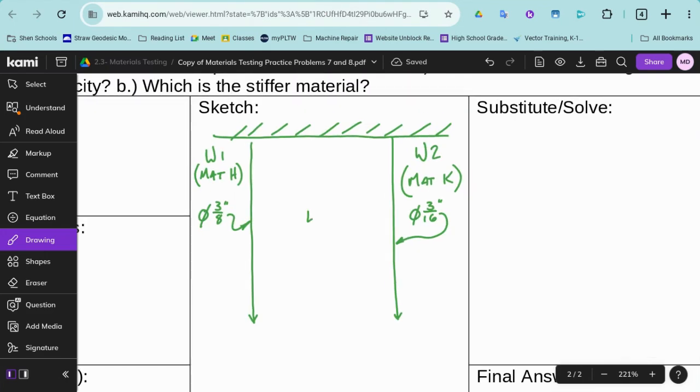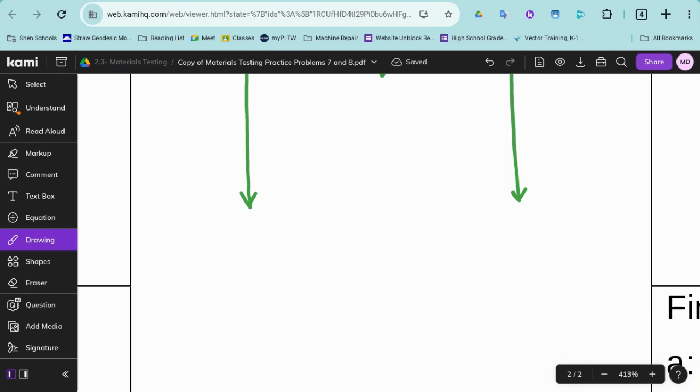Both of the wires are 40 feet long, and both of the wires are loaded with 225 pounds of force.